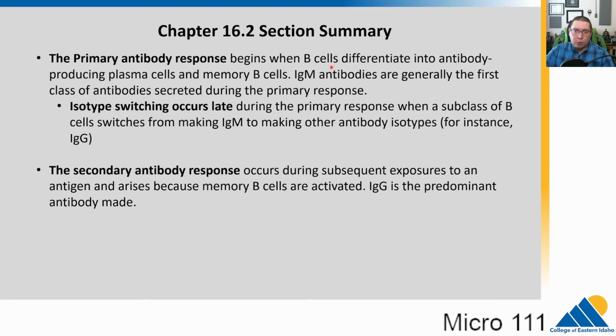So later in the response, we switch over to IgG, which is much better at targeting microbes. Then we keep that memory around. So the second time we encounter an antigen, our response is much faster. We make IgG quite rapidly, and usually that helps keep us from getting sick with that pathogen again.